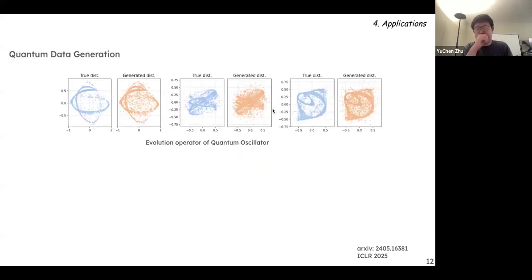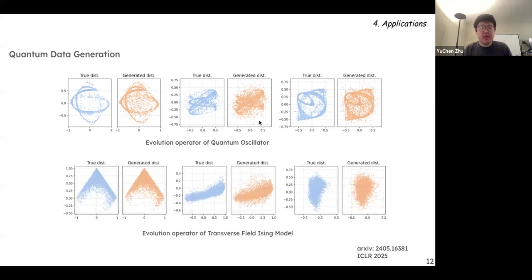Right. So apart from these biological applications, our method can also have good applications in quantum data. So here the data we're showing is some elements of a high dimensional unitary group, which corresponds to the time evolution operator of different random quantum systems. Above is a quantum system called the quantum oscillator.